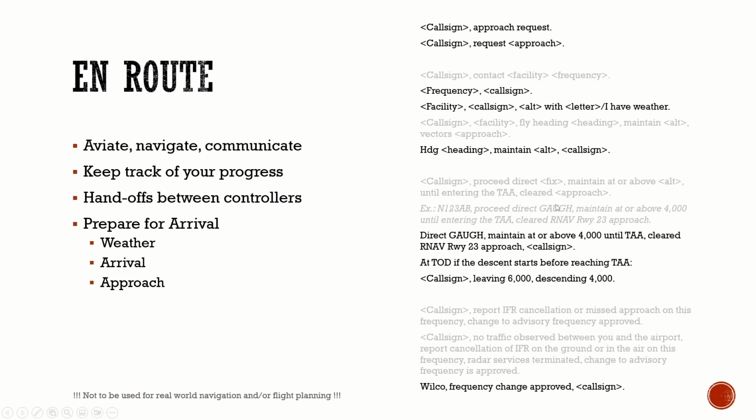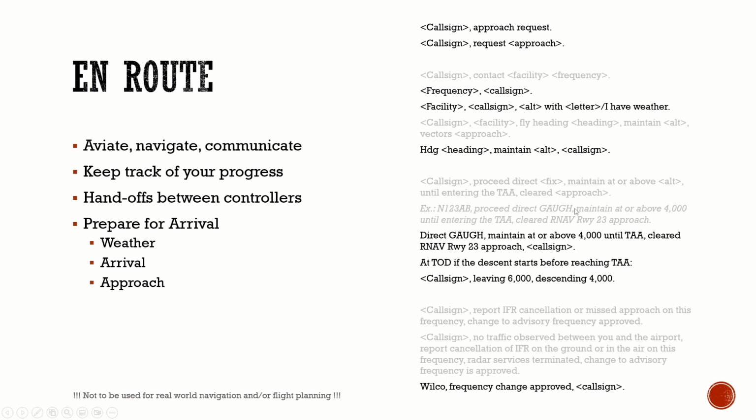So if they give this to you before you enter the TAA, it's at your discretion if you want to descend already or not. If you decide that you want to descend already, then you also need to inform the ATC at your top of descent point. Remember that.